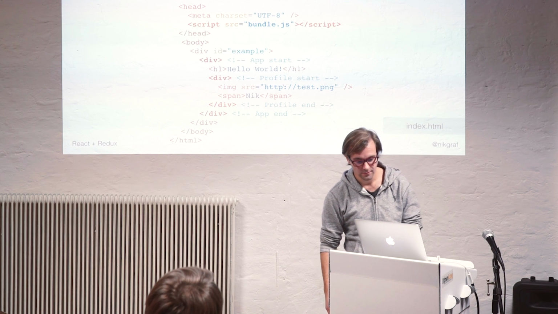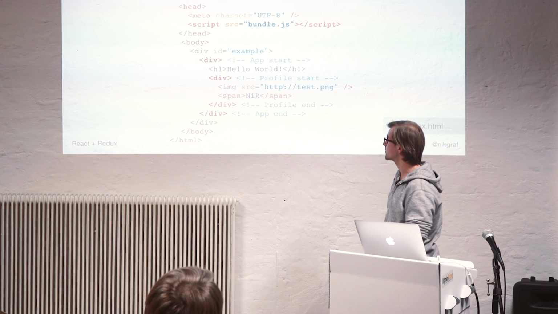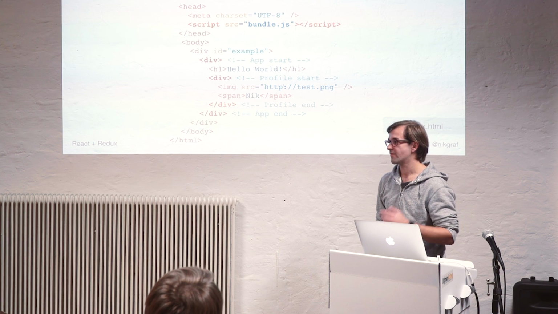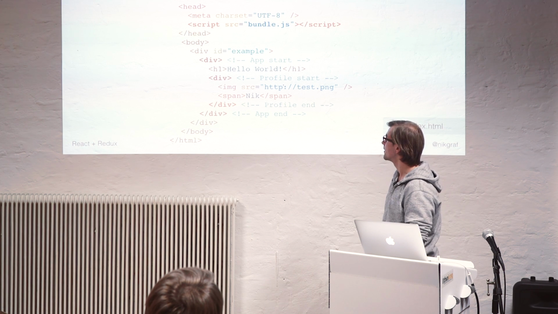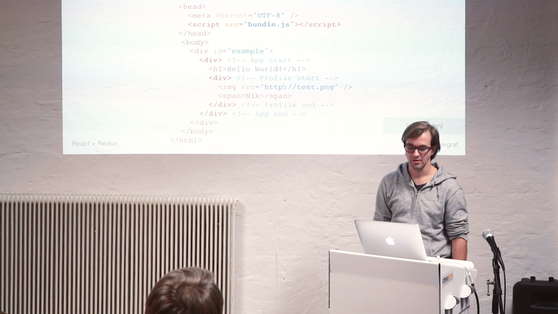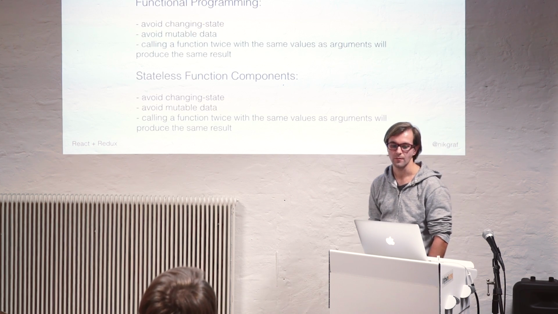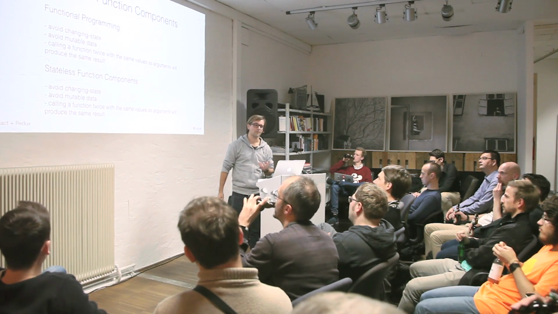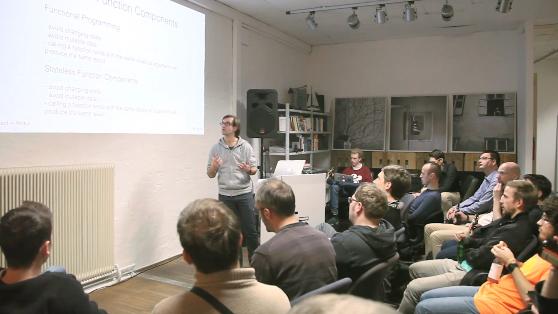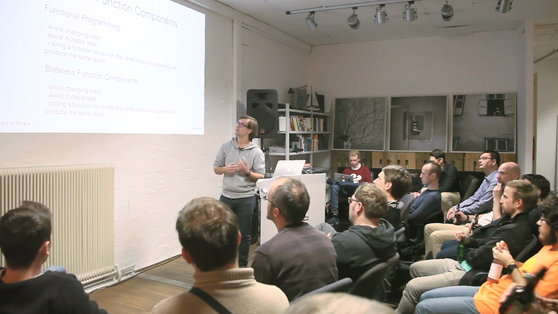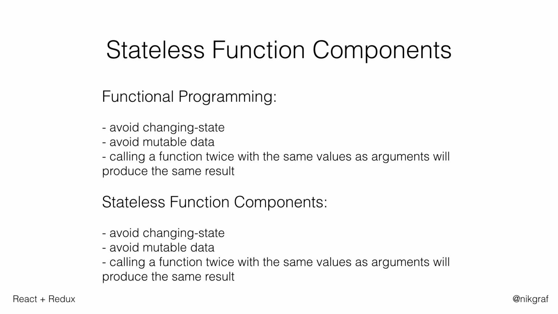So React, if you use it with stateless function components, is not much more than a fancy templating language, but really, really useful, because when we look at functional programming, it has certain traits. In functional programming, you try to avoid changing state. You try to avoid mutable data altogether.